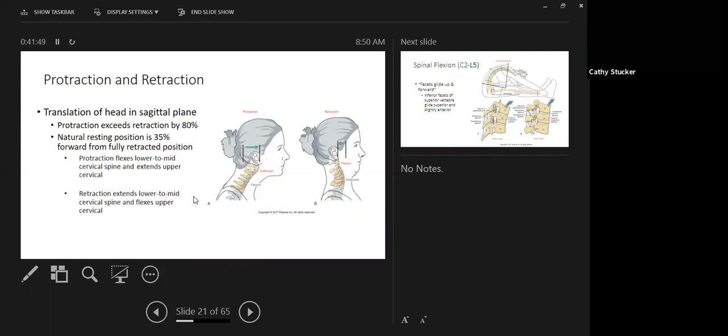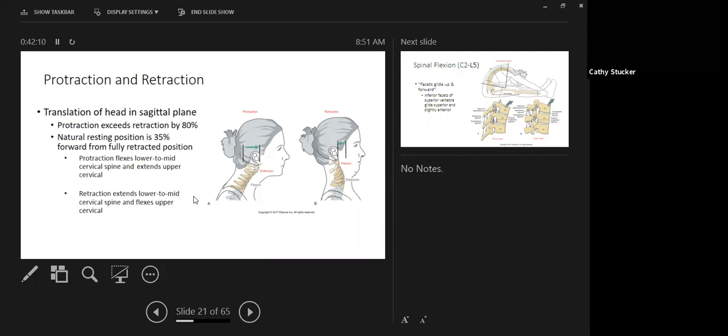We are able to protract about 80% more than we can retract. So we're in a relatively retracted position in neutral. I can only go back that far, right? But I can protract that much. So from a neutral or upright position, there's not much retraction available.